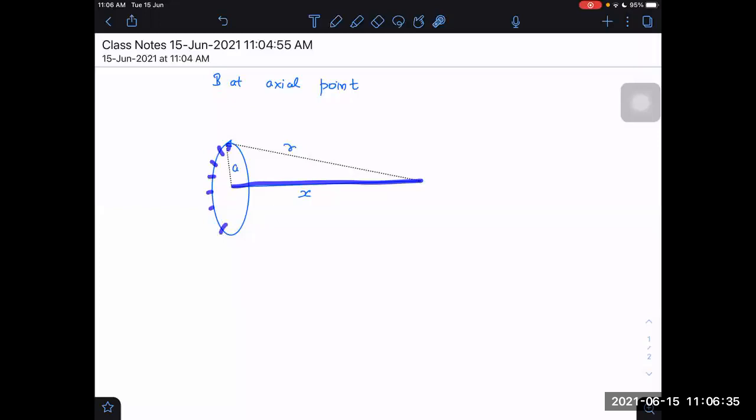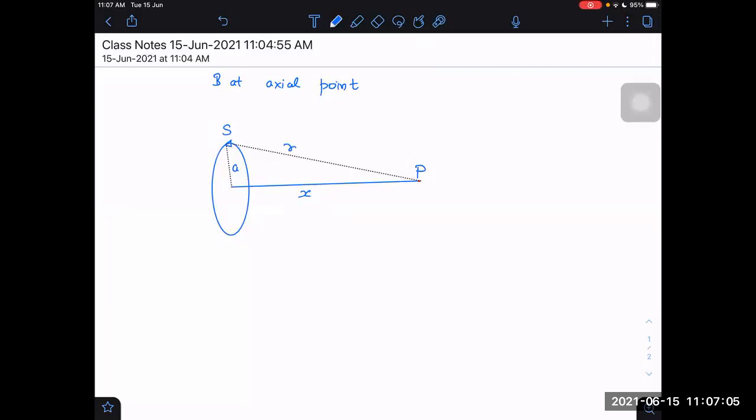All the elements are equidistant from the center of all these. R is also constant because all the points on this are at same distance from the field point, point and circumference.